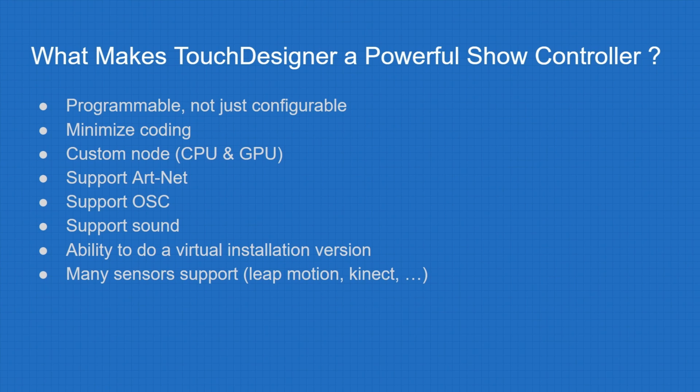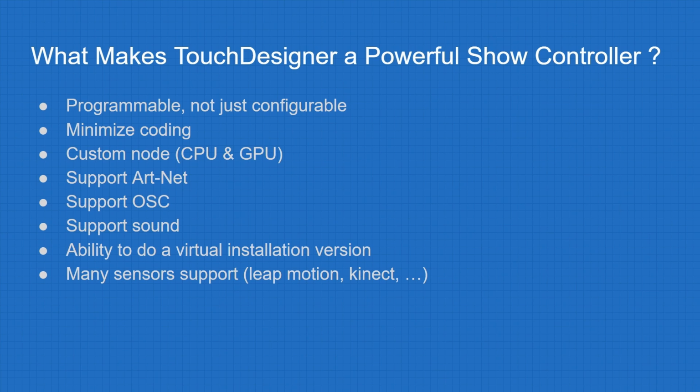I use TouchDesigner as a show controller because I was looking for software that is not only configurable but programmable, in order to do everything I want. I also want to minimize coding because for me, when I code, I think it slows down my creativity.